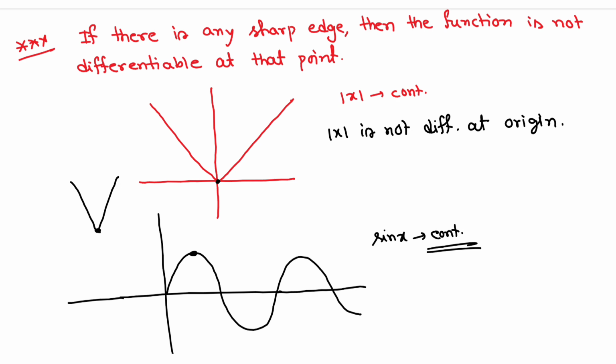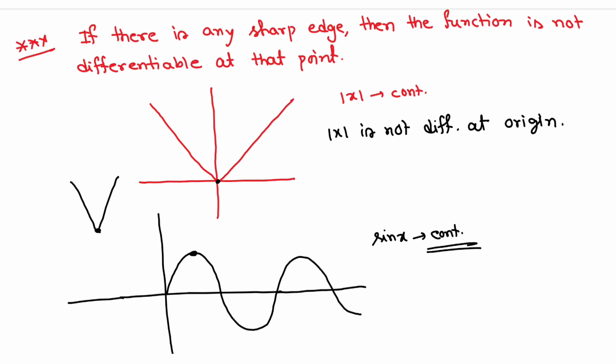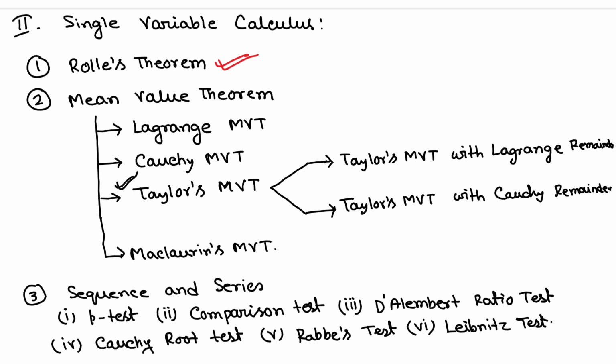Okay, so let's come to the main topic of your syllabus, that is Rolle's theorem. Suppose you are given a function f of a single variable, because the topic is single variable calculus.